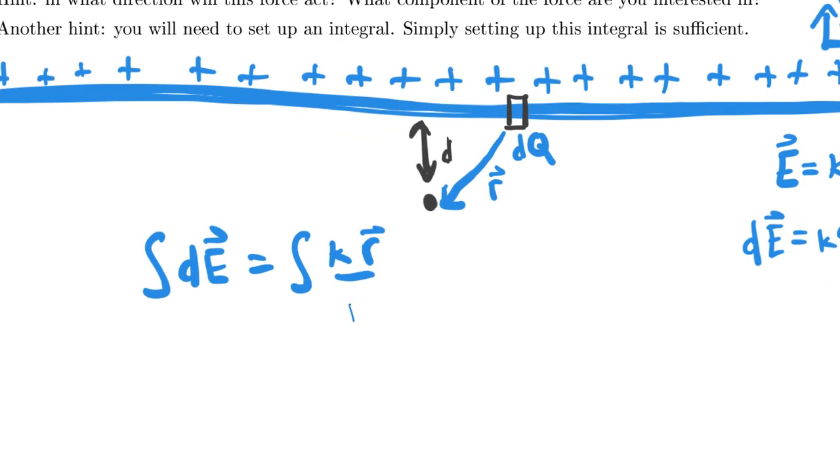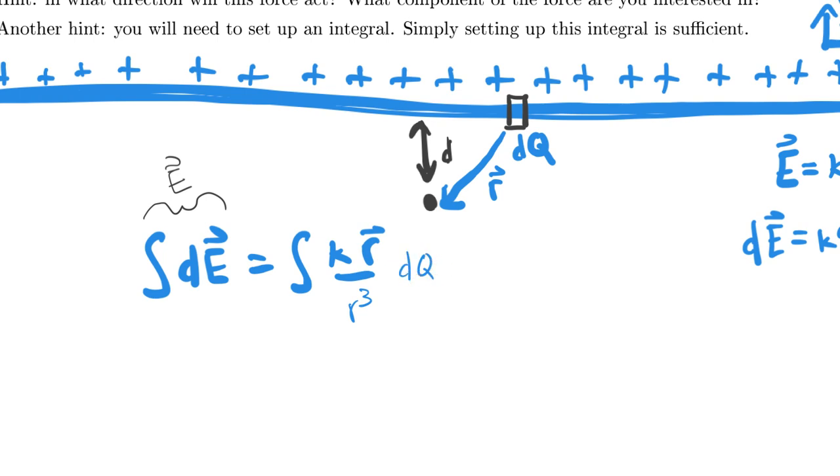Let's zoom in a little bit. r cubed, and then dq. This is just the integration over all of the electric field to give us the total electric field. So we can just call this E. So the electric field is just going to be this integral over dq.